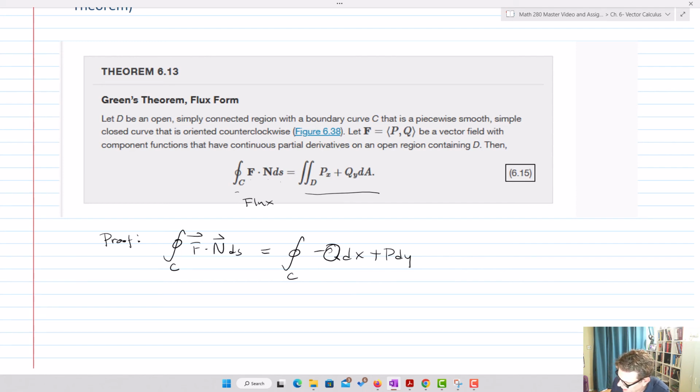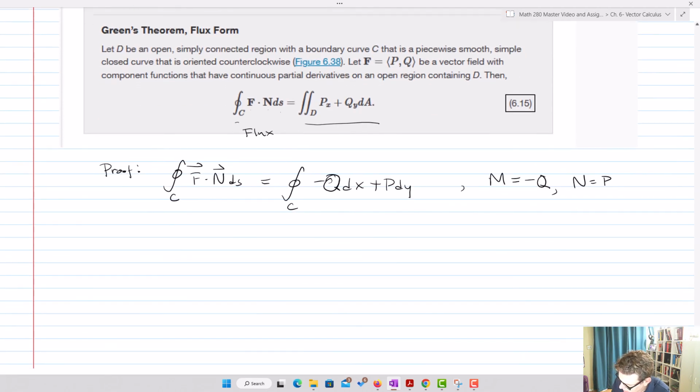What we'll do is use a change of variables. We're going to say that m is going to equal negative q, and we'll let n equal p. So the integral of negative q dx plus p dy is going to equal a line integral over C of m dx plus n dy.